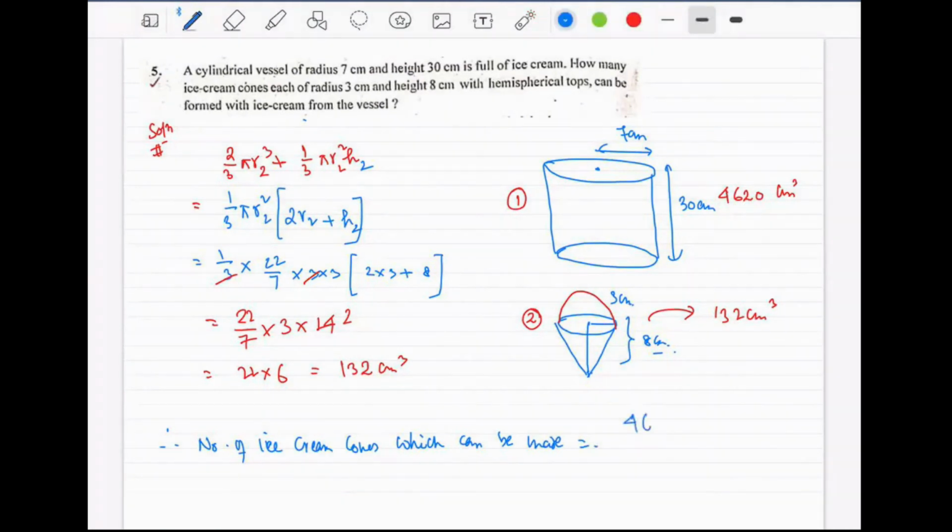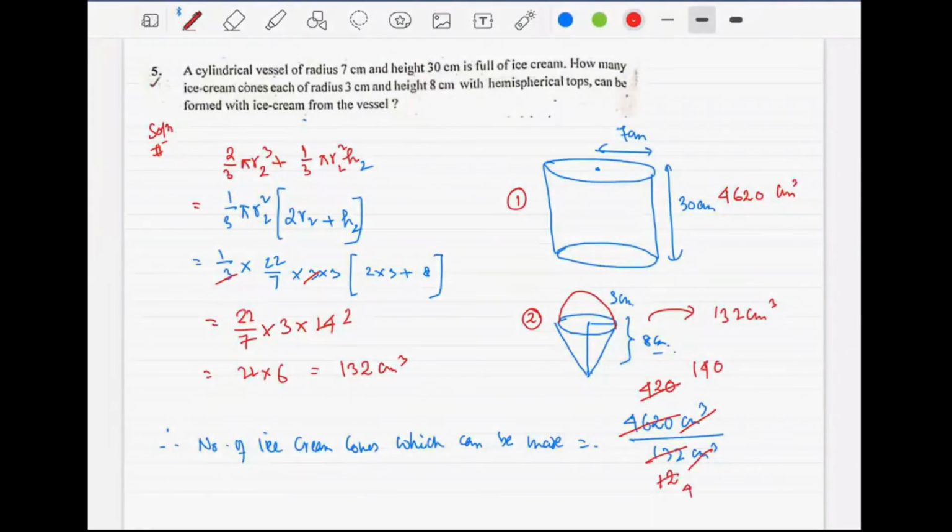Okay, so 4620 centimeter cube by 132 centimeter cube. Units will get cancelled. We're just finding a number, right? Now you can divide this by 11. 11 4s are 44, 11 2s are 22, 11 1s are 11, 11 2s are 22. 3 1s are 3, 3 4s are 12.